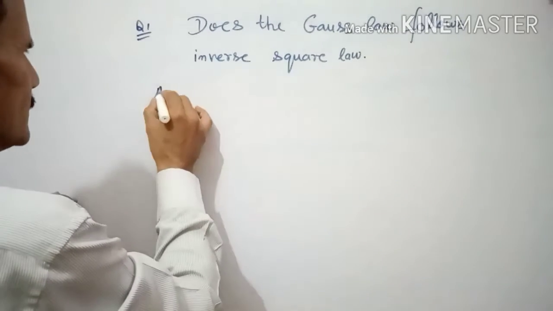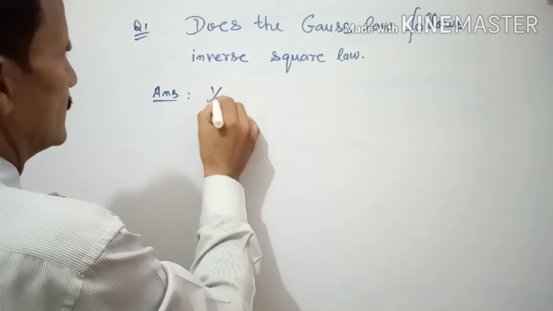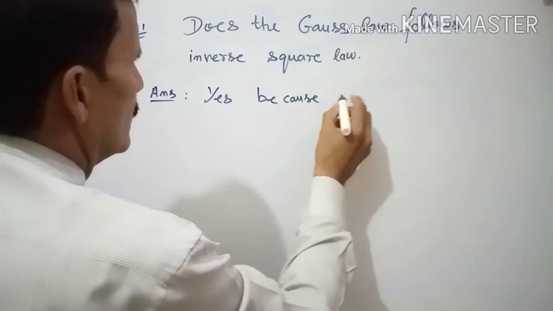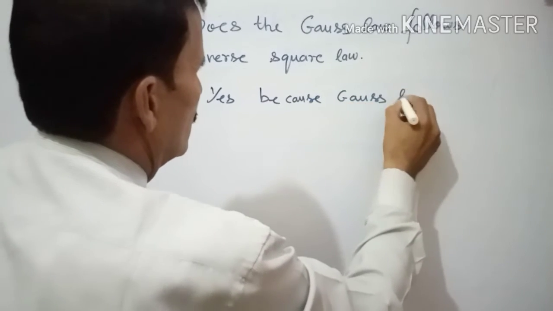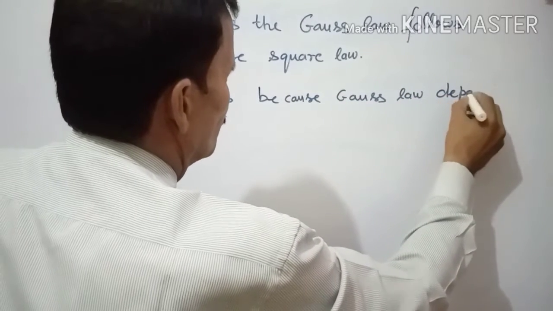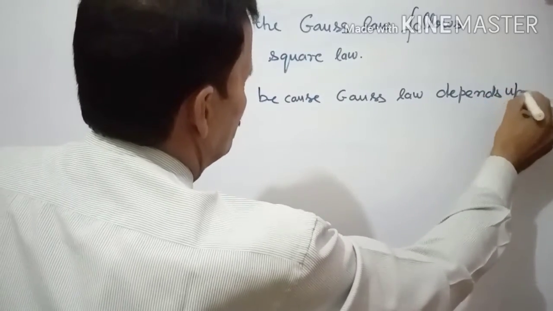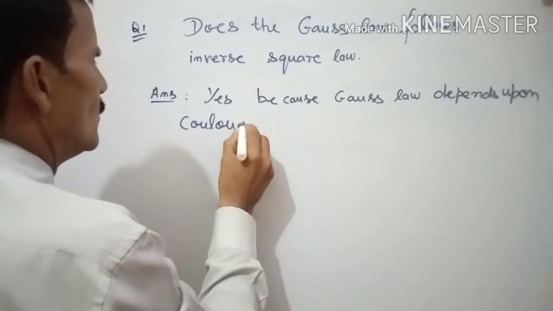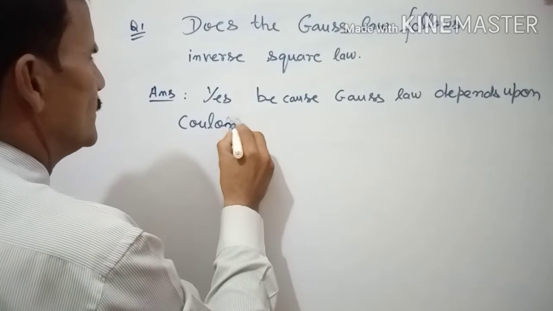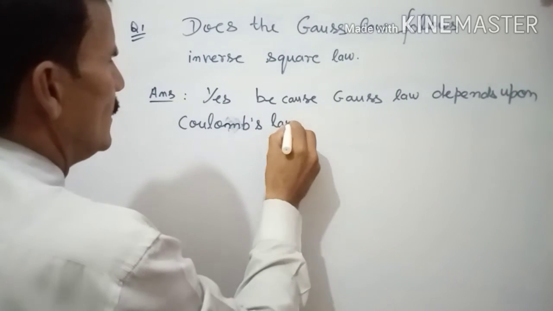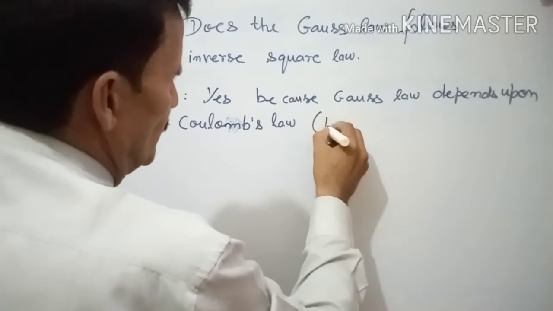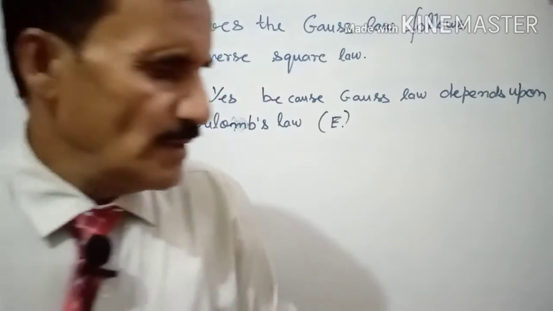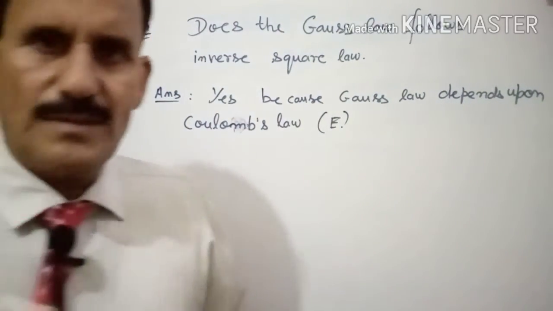Now you can write the answer is yes, because Gauss law depends upon Coulomb's law. Because of phi, if phi is there, then it depends upon Coulomb's law. So it is only for the concept.